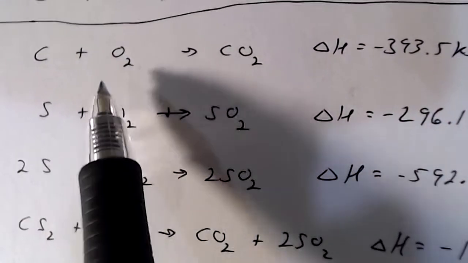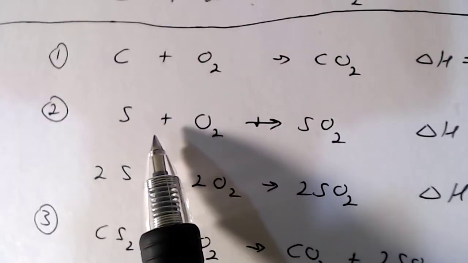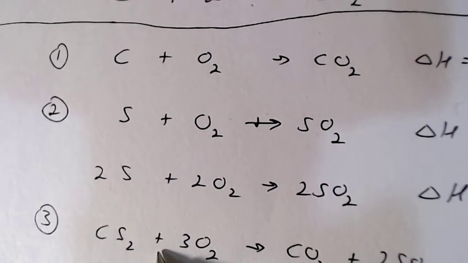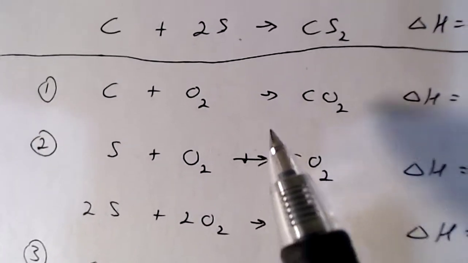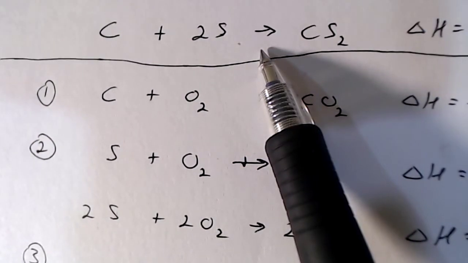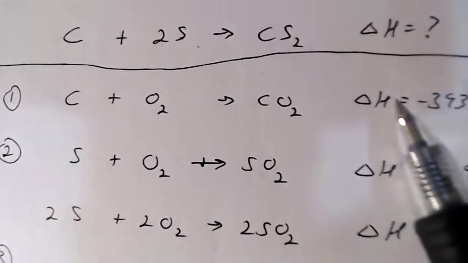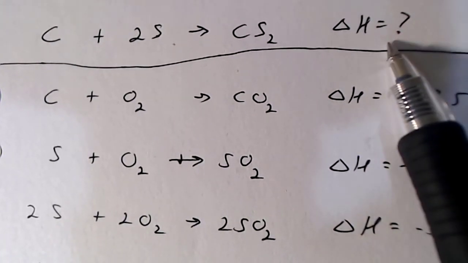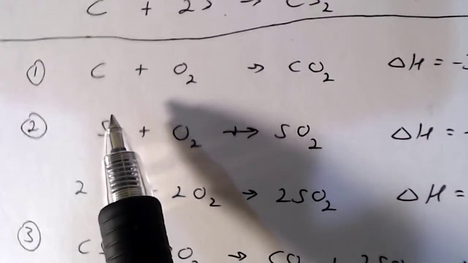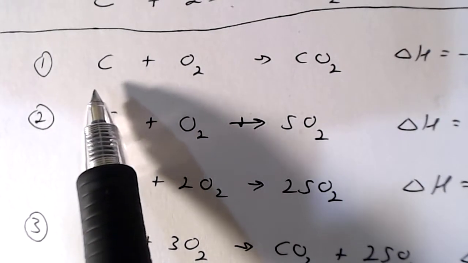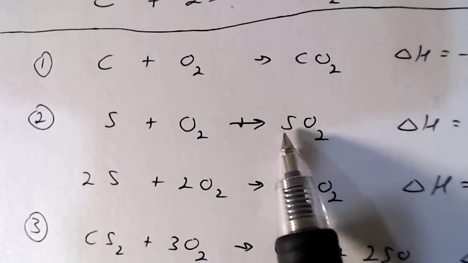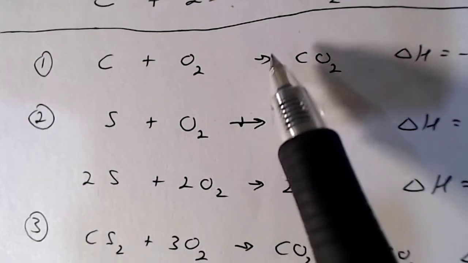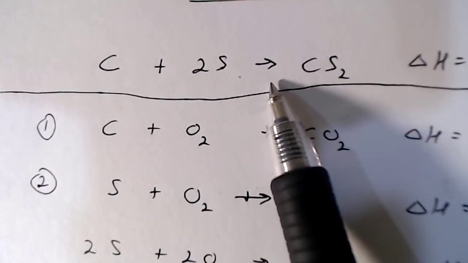So if you can add up these numbered reactions to get the original reaction, then you can add up the enthalpy changes to get the enthalpy change of the original reaction. The thing is, though, in these numbered versions that I've written here, if you add these up right now, you will not get the desired reaction.